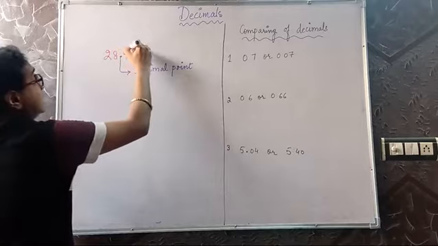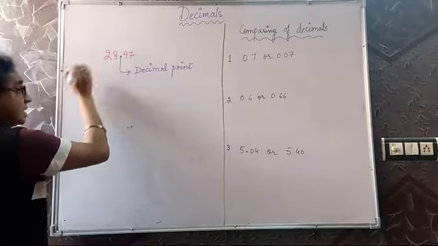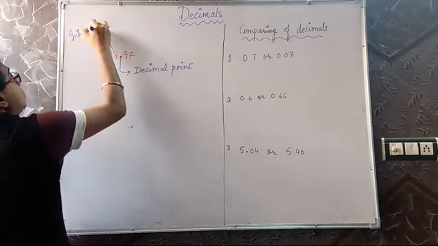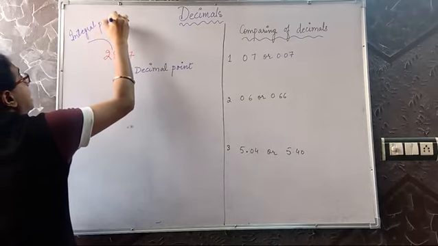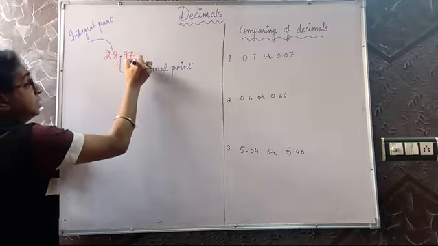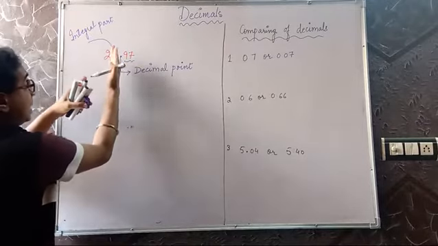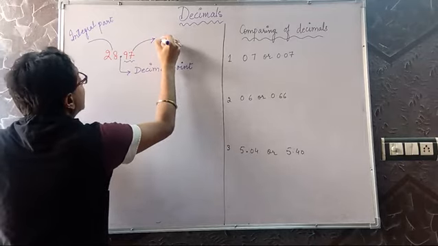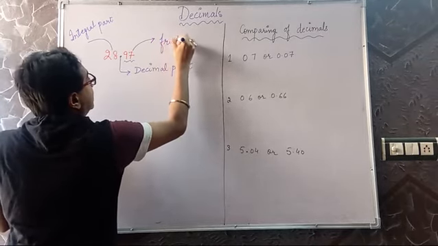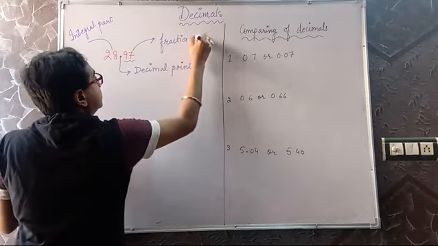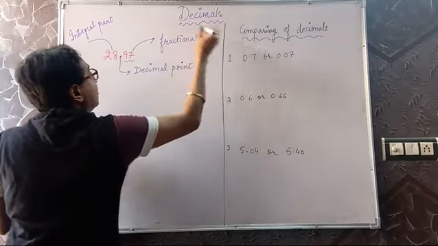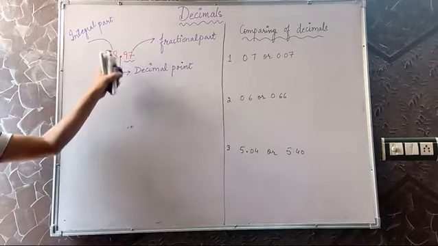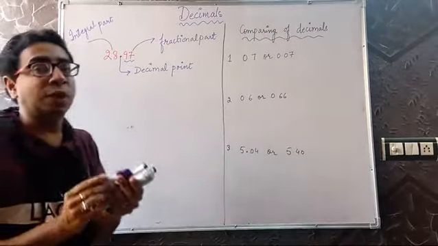And the number to the left of the decimal point is known as the integral part. And the digits to the right of the decimal are known as the fractional part. So, integral part, fractional part, and decimal point.